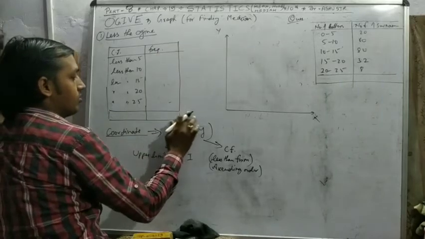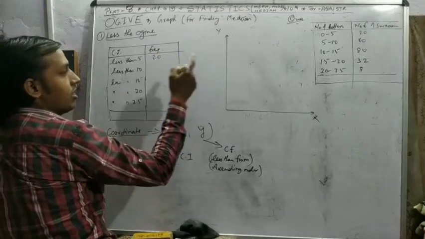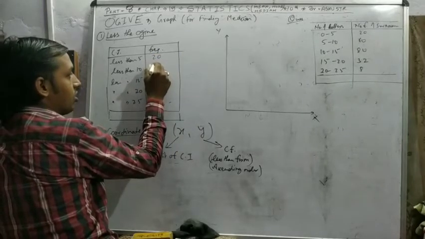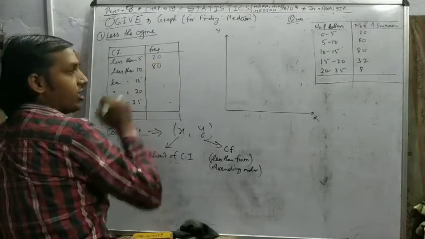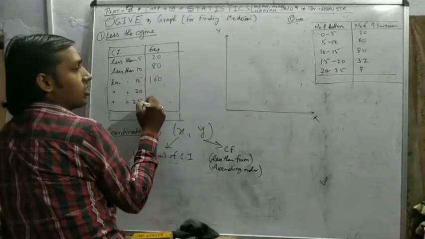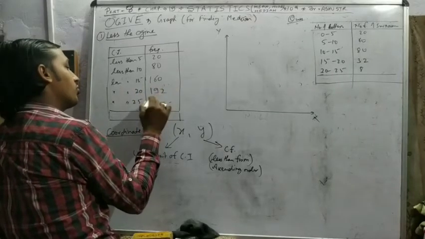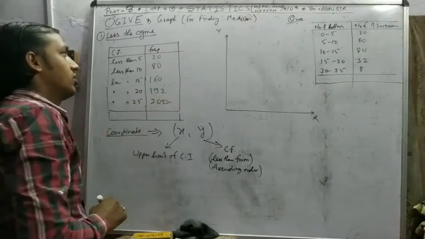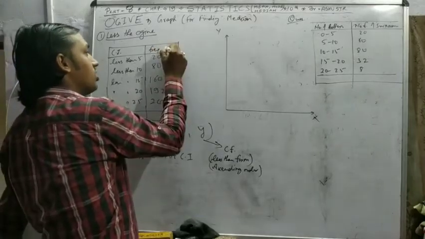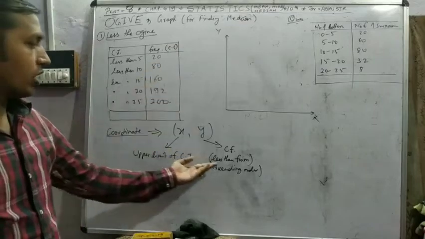And the table: first 20 the same, then 20 plus 60, 80, then 80 plus 80, 160, 160 plus 32, 192, 192 plus 8, 200. This is the cumulative frequency in ascending order form or less than form.